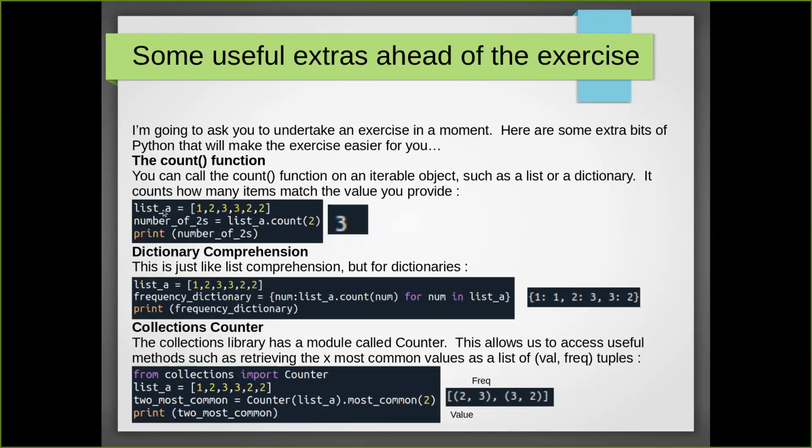So if we've got a list, which I've called list A, with these values 1, 2, 3, 3, 2, 2, I can then use count and pass in the number 2, and that will count how many 2s are in that list. If I run that, it correctly prints there are three number 2s. It's quite a simple little function, but you will find it quite useful for things such as this.